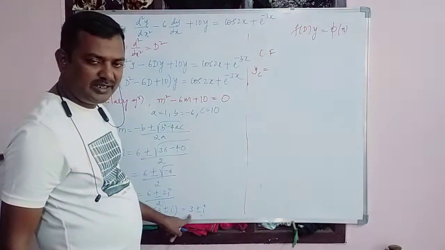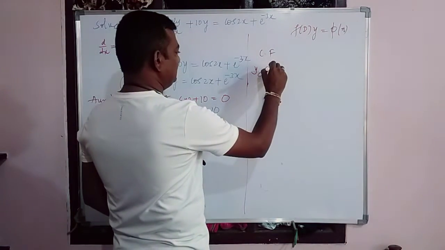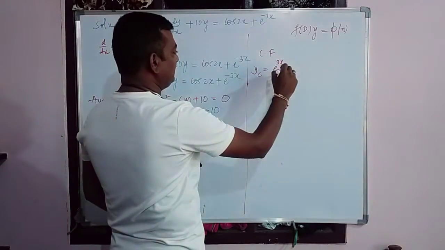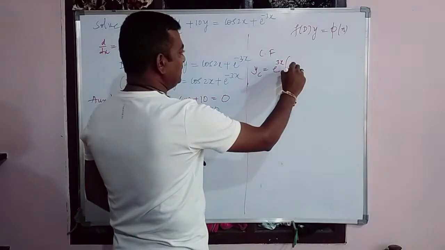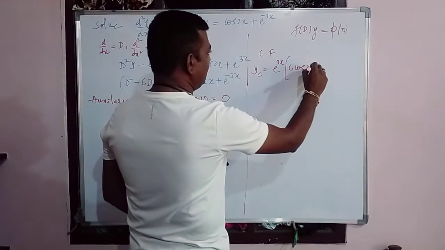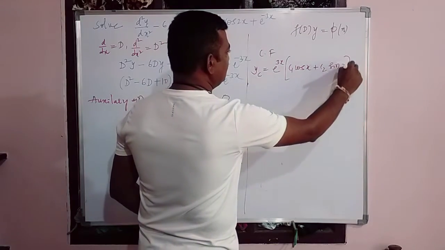Since the roots are imaginary, we write the solution as e raised to 3x into c1 cos x plus c2 sin x.